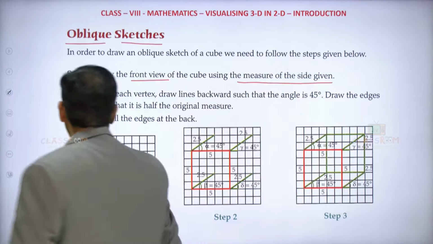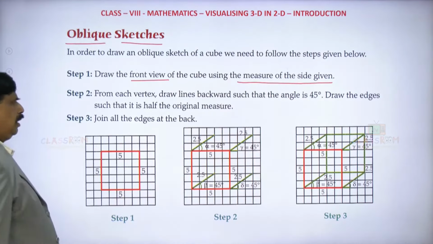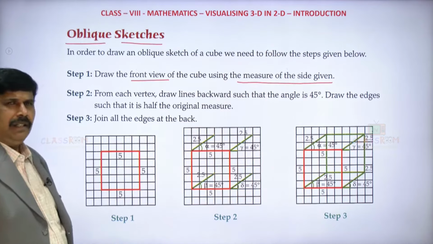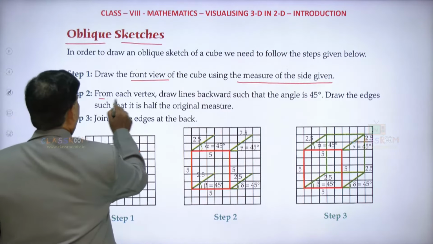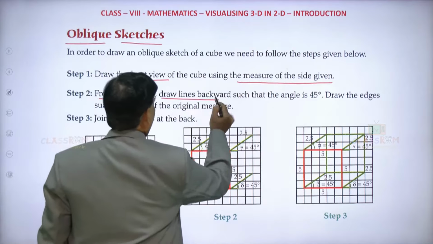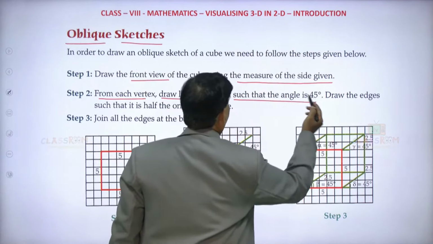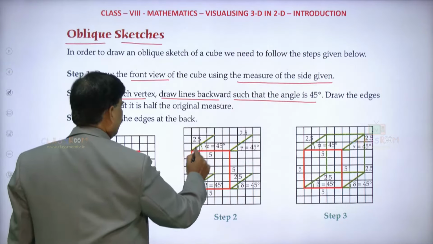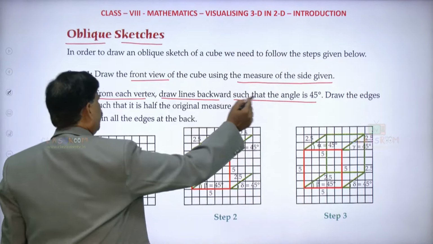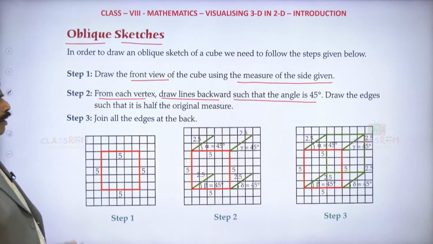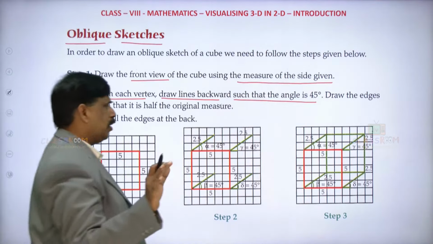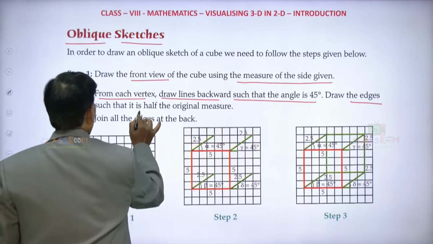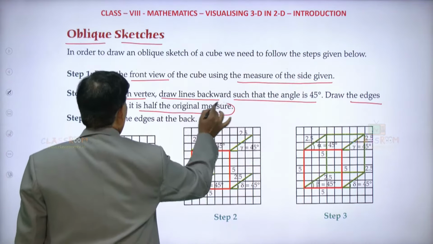Then what is step 2 here? From each vertex, draw lines backwards such that the angle is 45 degrees. Now, what is important here? Draw the edges such that they are half the original measure.